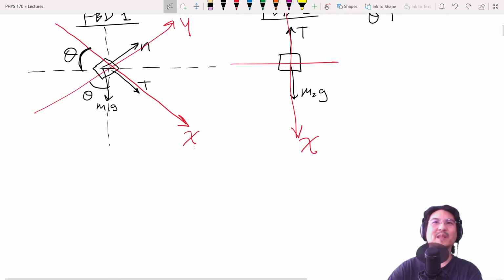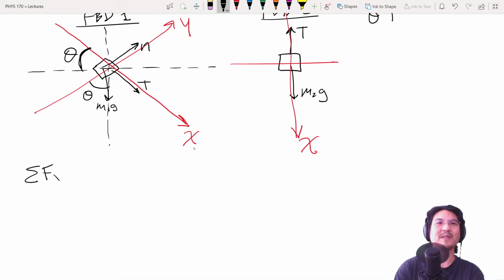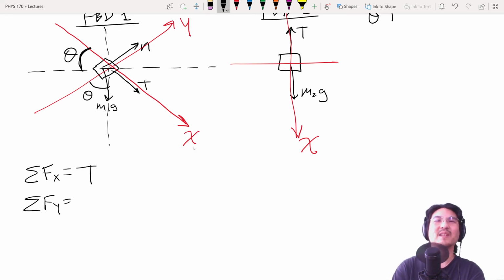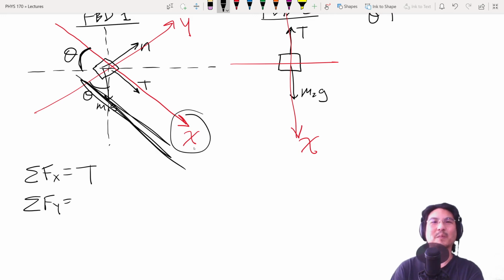So now that we settled that, we can write Newton's second law decomposed. So now this is the x direction. So what's the x component of T? Positive. What's the x component of this? So x is this way. So this is the x component.